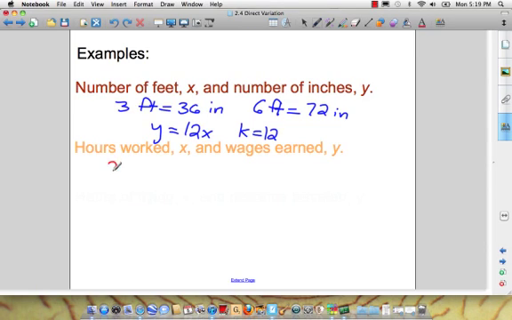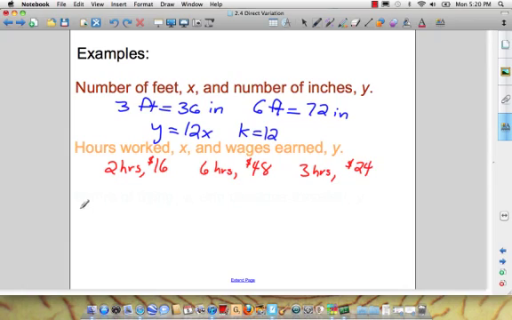If you work 2 hours, you're going to make $16. If you triple that, 6 hours, you're going to triple the 16 and get $48. And similarly, if you split the 6 in half, 3 hours, you'd split the 48 in half, 24.